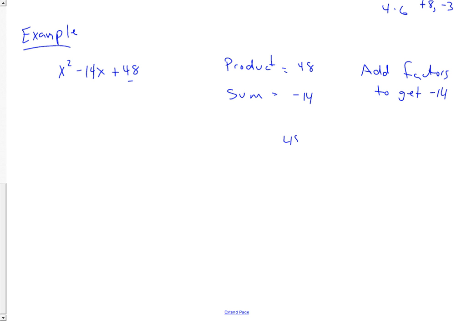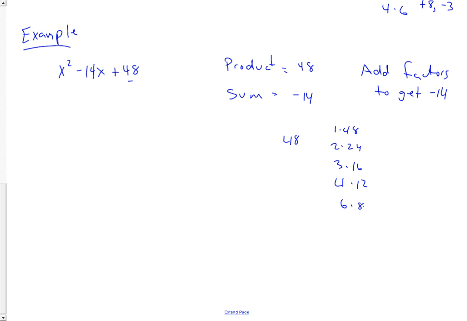So our factors of 48 are 1 times 48, 2 times 24, 3 times 16, 4 times 12, 6 times 8.